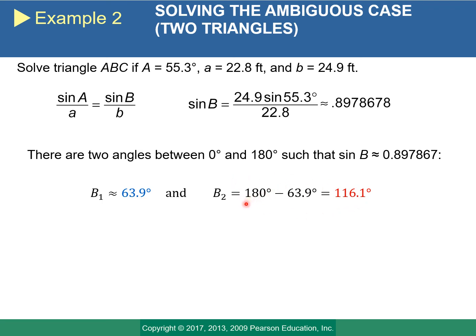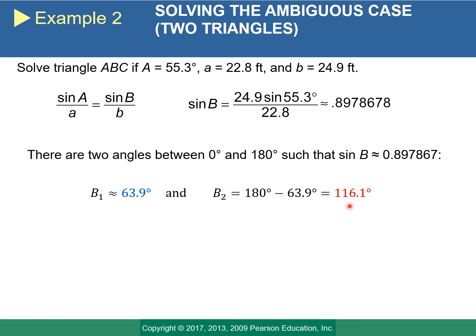So from our unit circle, if this angle is in quadrant 1, then we have to find the angle in quadrant 2 that has the same sine value, and you would do that by taking 180 minus the angle from quadrant 1. So your first angle, you find by just taking sine inverse of your value here. Your second angle, you have to find your first angle and then subtract it from 180. So 180 minus 63.9.